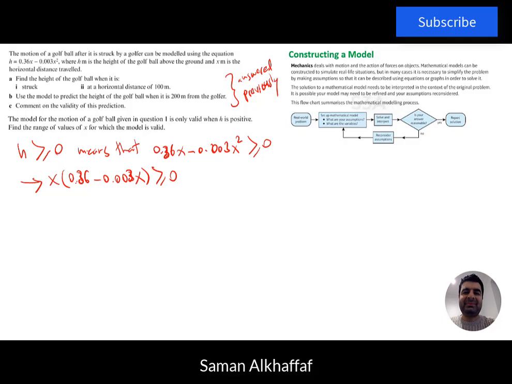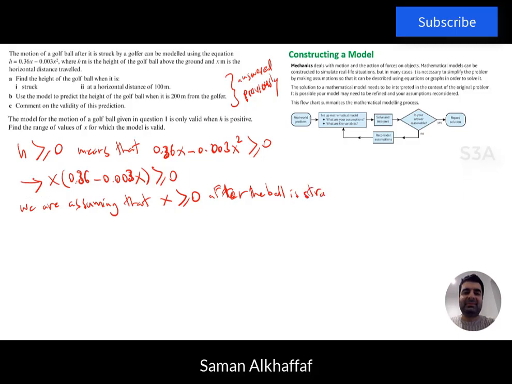So we're assuming that x is bigger than or equal to 0 after the ball is struck.